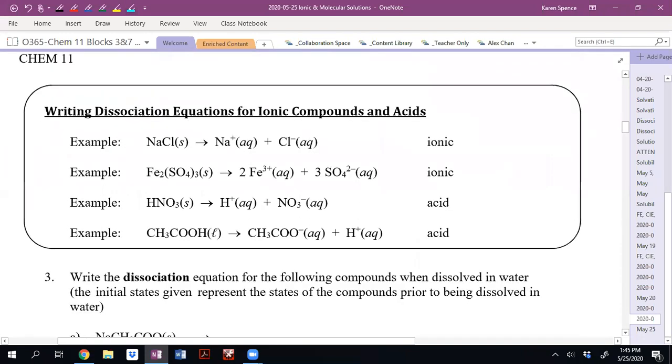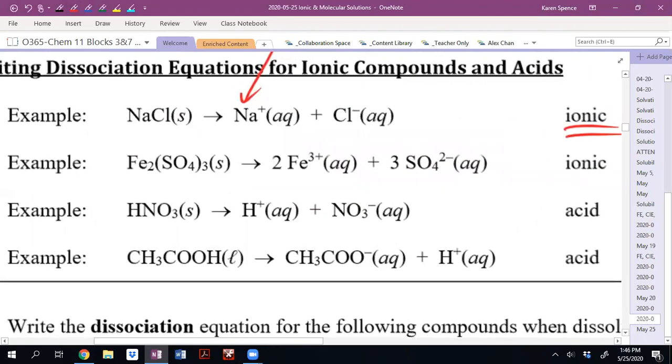So, for example, if we have NaCl, there is 1 Na and 1 Cl, so you end up with 1 Na and 1 Cl. Easy peasy. It was ionic. How did I know it was ionic? It started with a metal. Okay. Fe2(SO3)3.